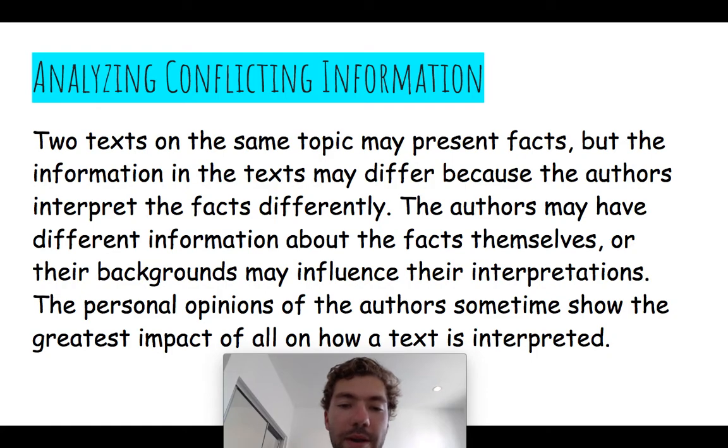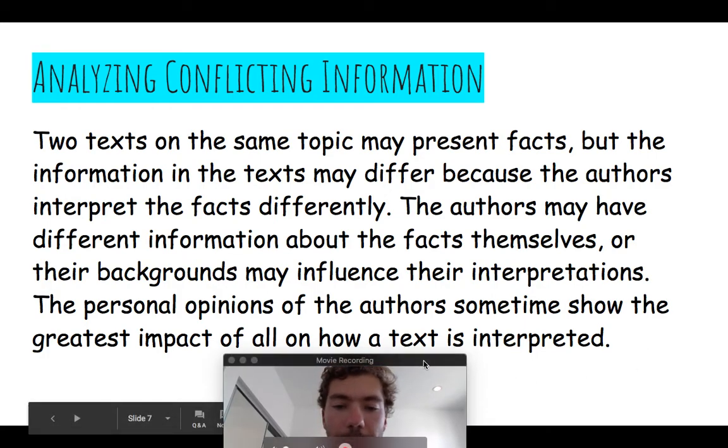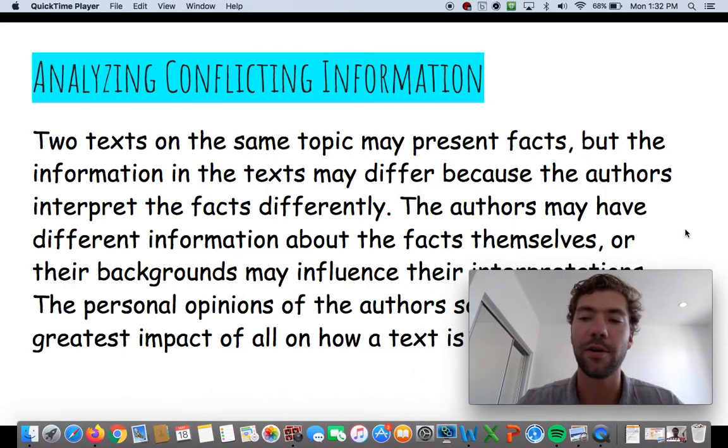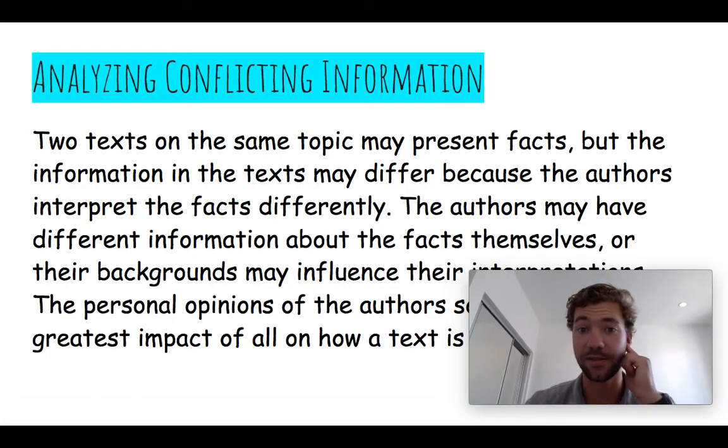The personal opinions of the authors sometimes show the greatest impact of all on how a text is interpreted. Okay, so that is analyzing conflicting information in a nutshell. Those are some vocab words to go with it, and this is what it actually means in a paragraph.